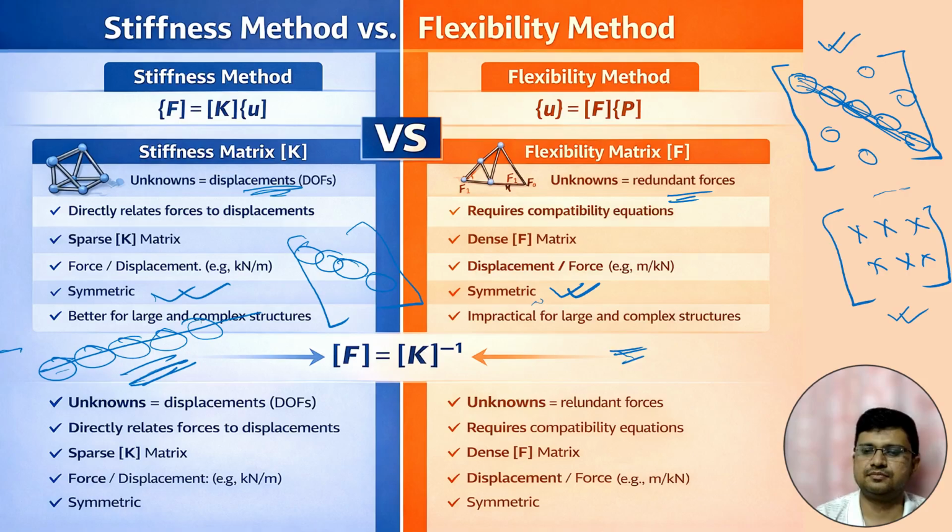But for the flexibility matrix, that is not that simple. If I say all that, it may not be very clear to you, but you have to remember that the stiffness matrix method will always be much more efficient than the flexibility matrix method. So that is all.